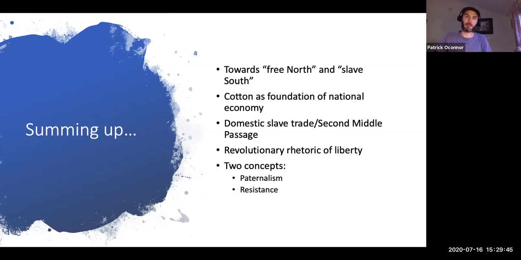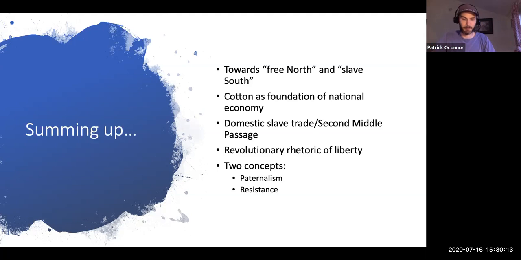They don't think of themselves as competitive capitalists trying to gain an advantage over their workers. They think of themselves generously. They think of themselves as sort of lords, right? Gentlemen who are responsible for taking care of their family, and their family includes their enslaved property. So we call this outlook paternalism.